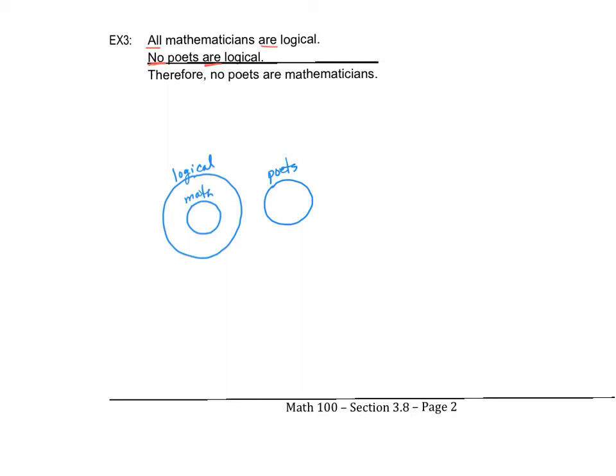And this diagram makes the conclusion true. The conclusion says no poets are mathematicians. Notice that the set of mathematicians and the set of poets, they don't touch, which means this is a valid argument because every possible diagram makes the conclusion true.